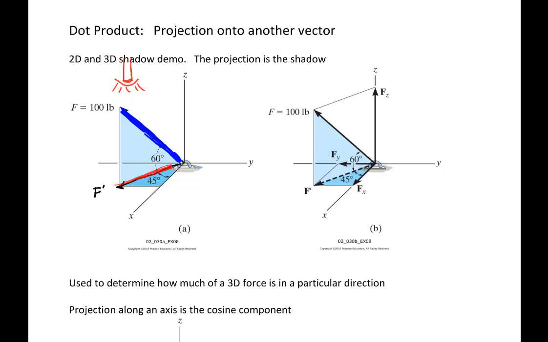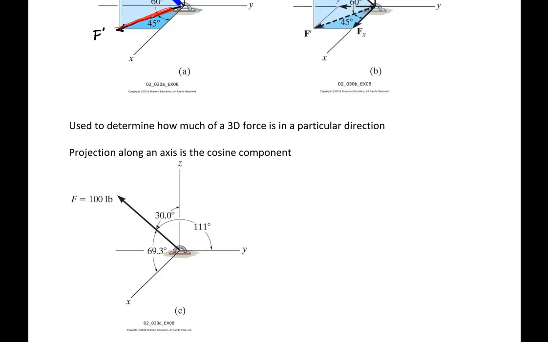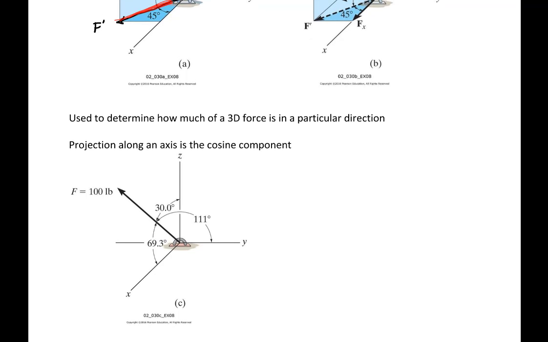It's the shadow of the force onto another line or plane. We can use it to find that projection onto a plane or onto an axis. For example, we've already done this as well. We didn't call it dot product, but basically if there's a force and we want the component on the x-axis, which is the projection onto the x-axis, it is really just the cosine component.